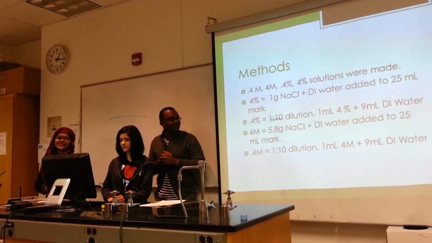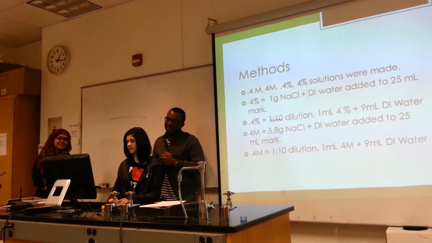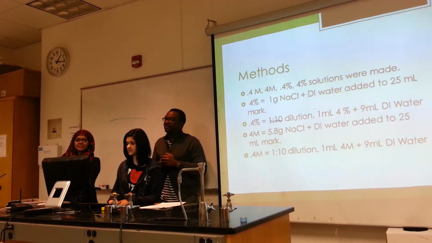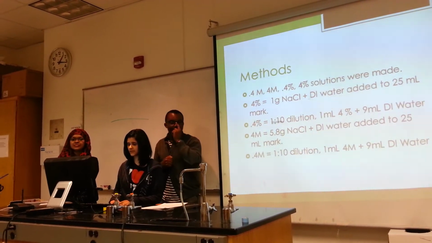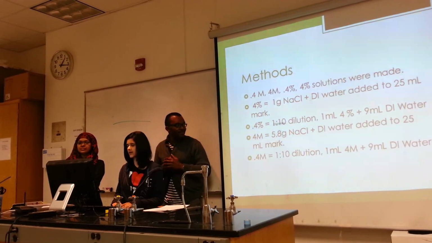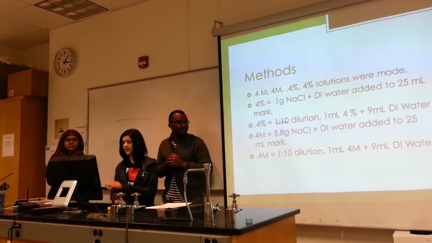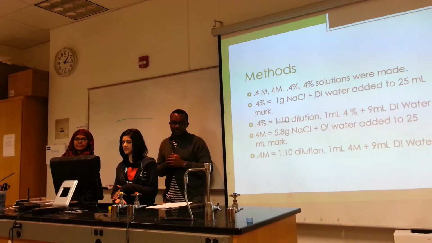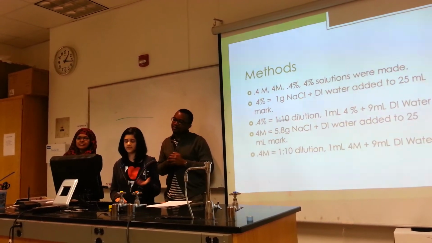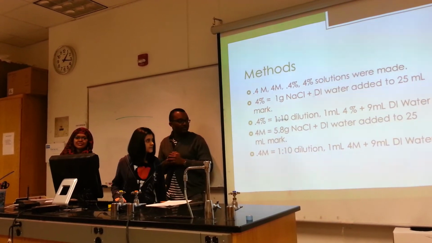So we made 0.4 molar, 4 molar, 0.4%, and 4% solutions. So 1 gram of NaCl was added to the DI water, actually, the DI water was added to the NaCl up to the 25 milliliter mark.